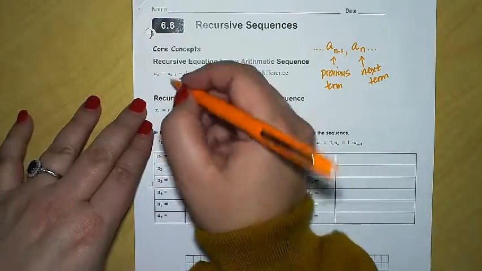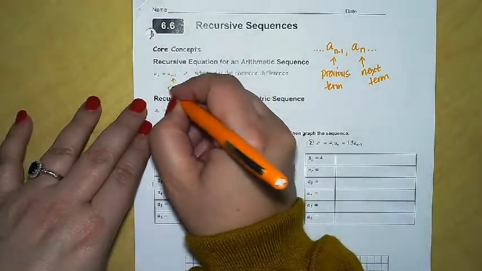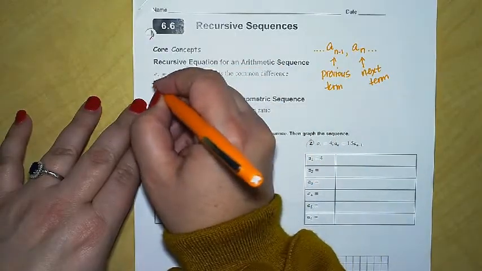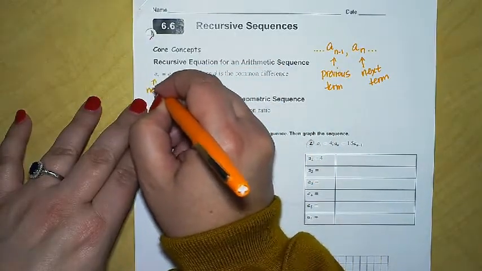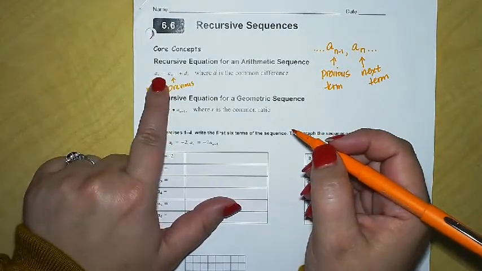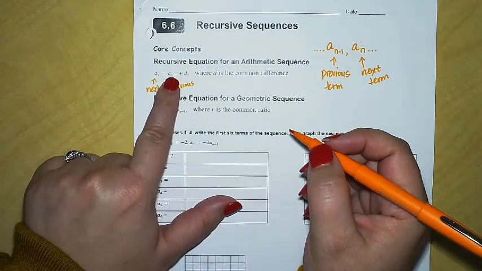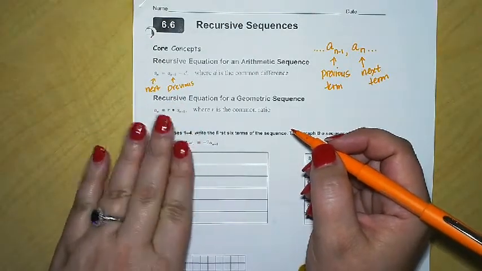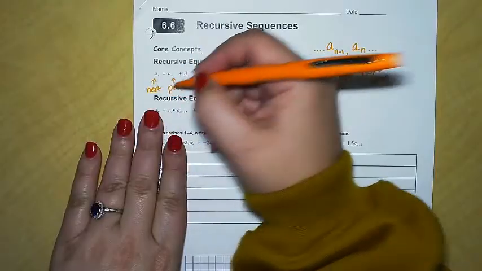So again, in both of these equations, this is the previous term, right before, and this is the next term. It's just an equation that describes what's happening to the very next term based on the term right before it. That's it.